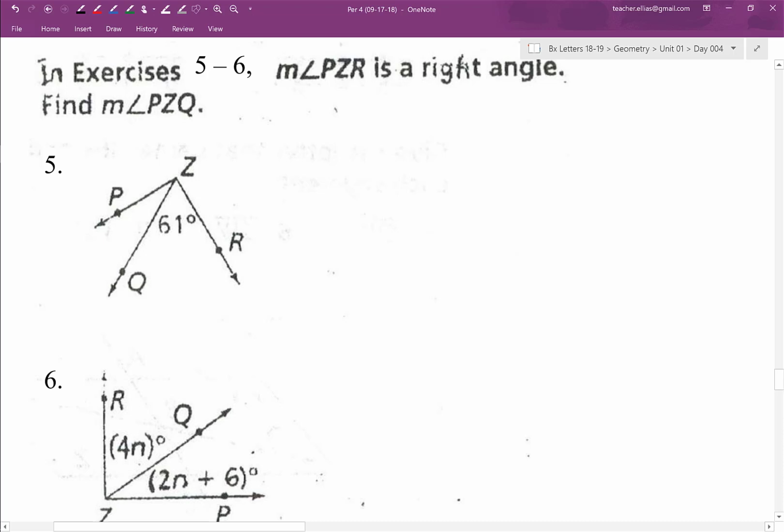Which one are you saying? Sorry, number 5. Perfect. So 61's already there.